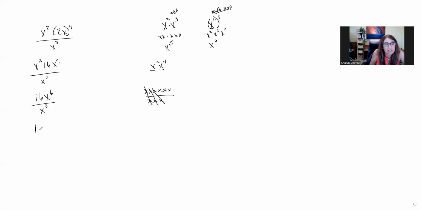Or technically the way we should do it is by bringing this up, and we do that by changing the sign of the exponent. And now we can add 6 plus -3 is 3. So that would be our final answer. Okay, not too bad. Now let's take a peek at another one.